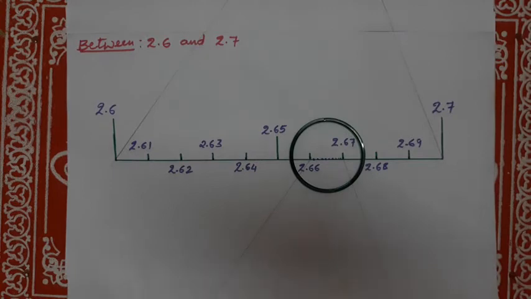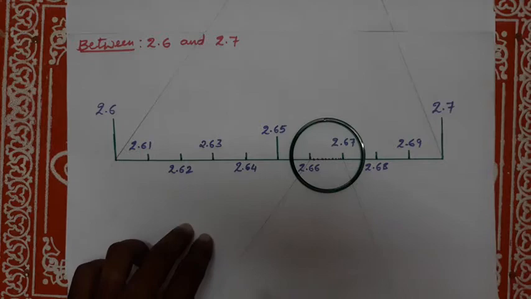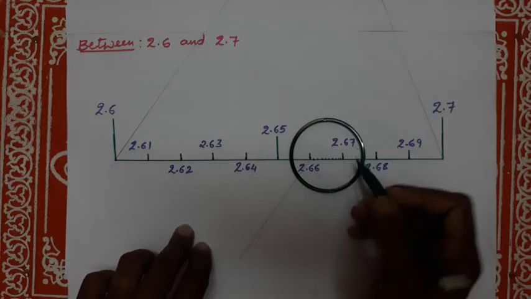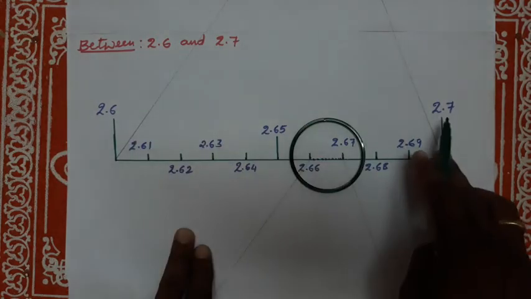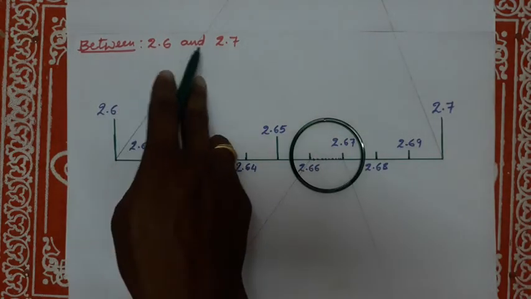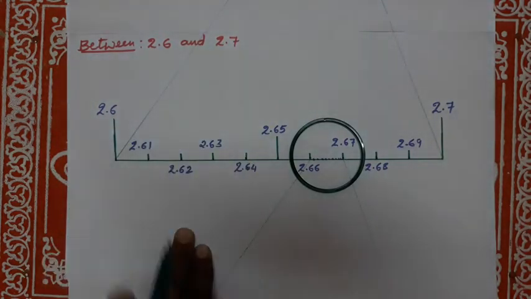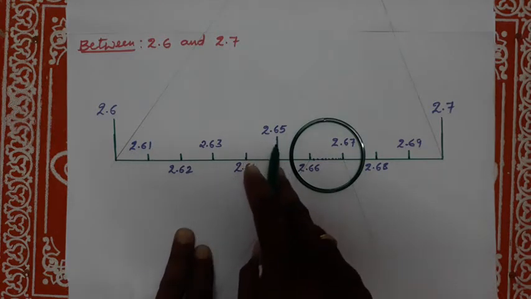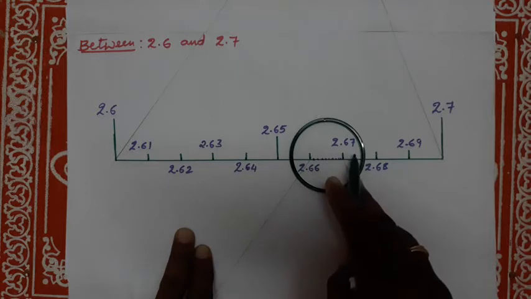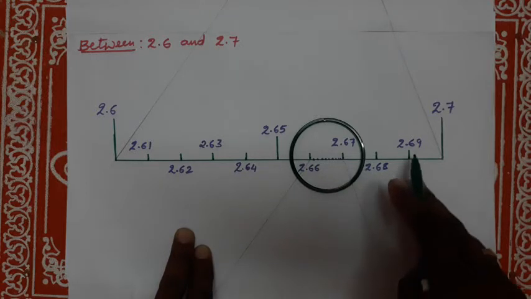Again, 2.665 lies between 2.66 and 2.67. See, we have already divided into 10 equal parts from 2.6 to 2.7: 2.61, 2.62, 2.63, 2.64, 2.65, 2.66, 2.67, 2.68 and 2.69.